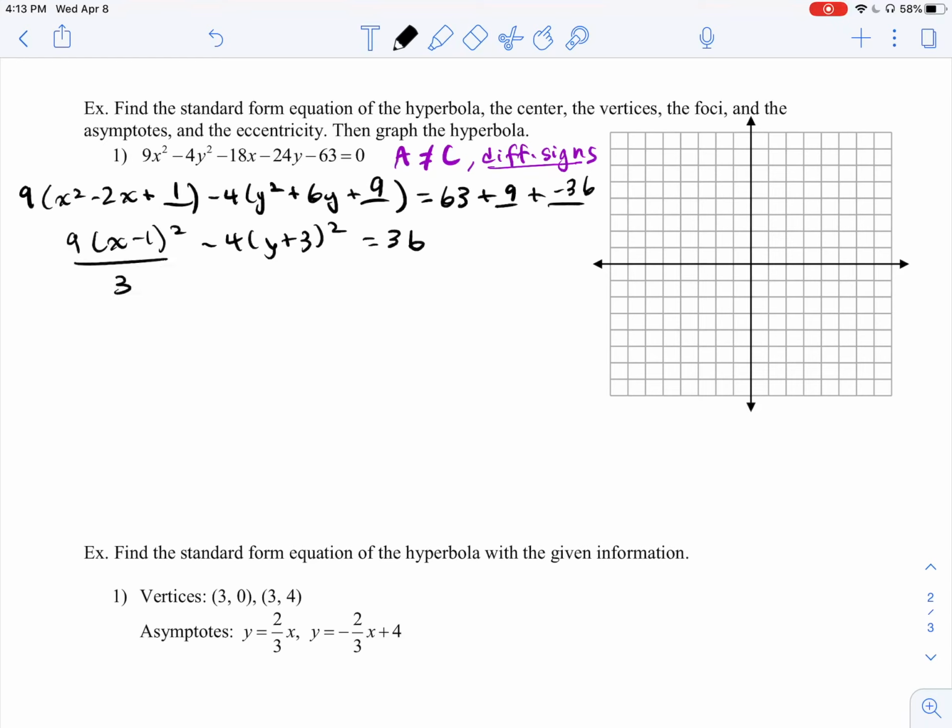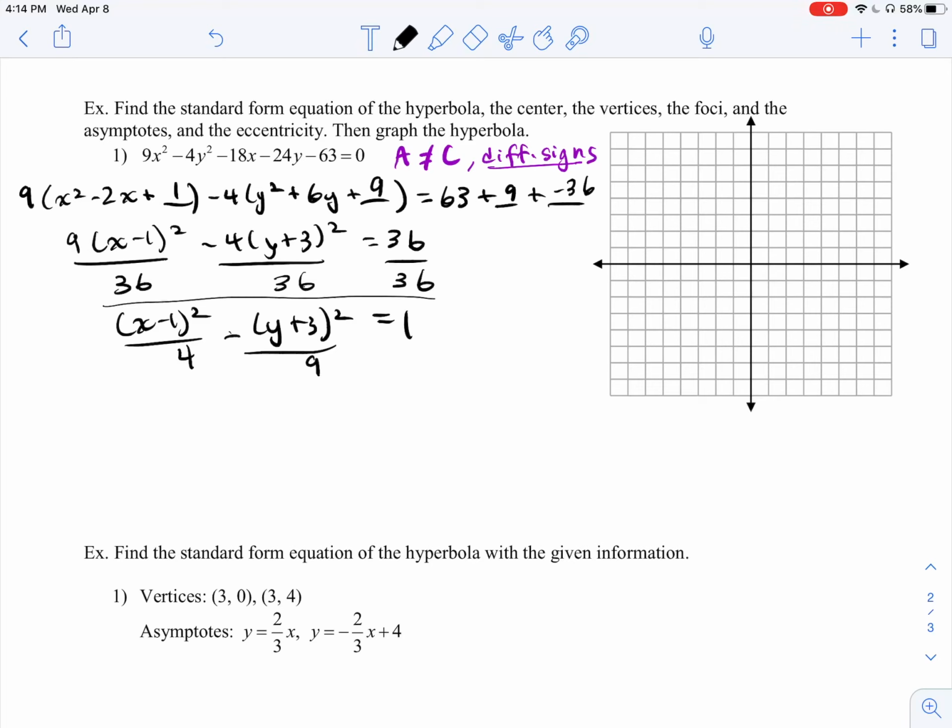And divide everything by that value of 36, because we want that right side to be equal to 1. So we've got (x minus 1) squared over 4 minus (y plus 3) squared over 9 equals 1. And just quickly check my math, and I think that's it.